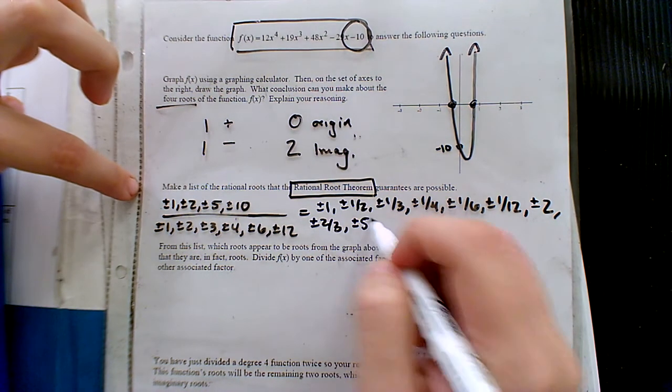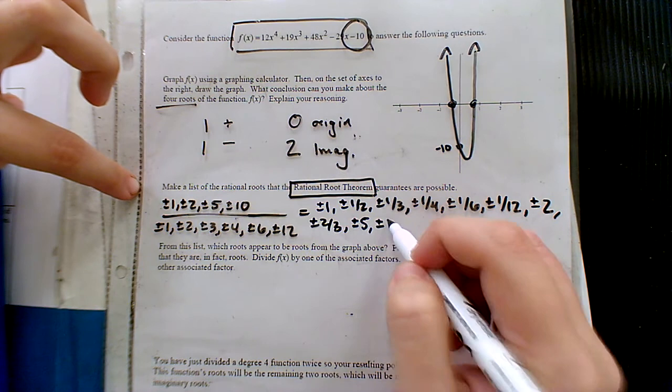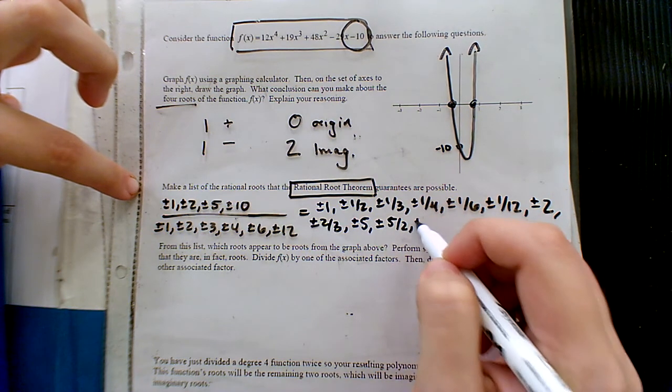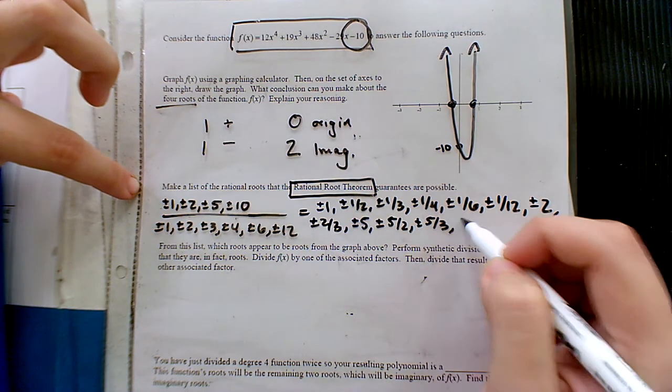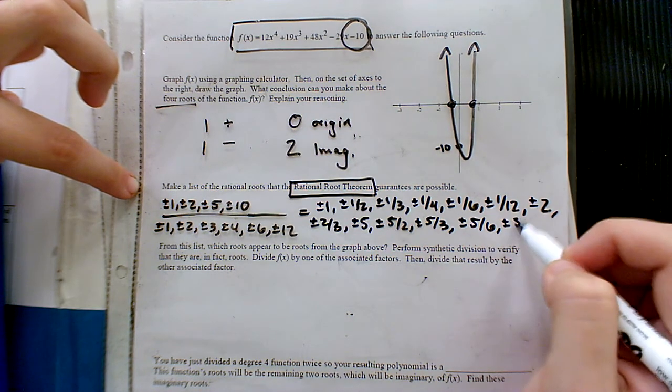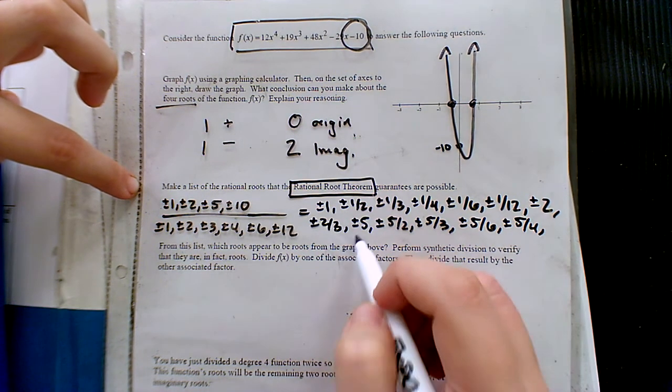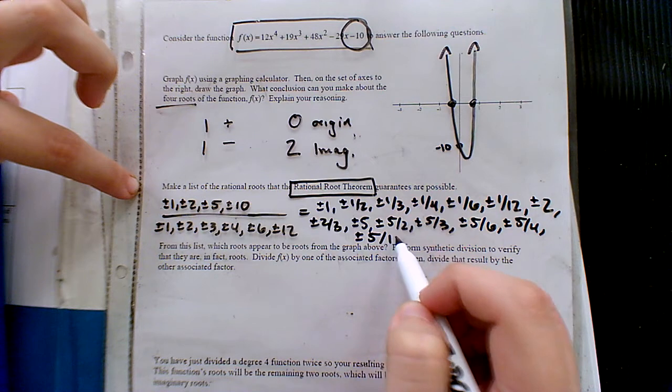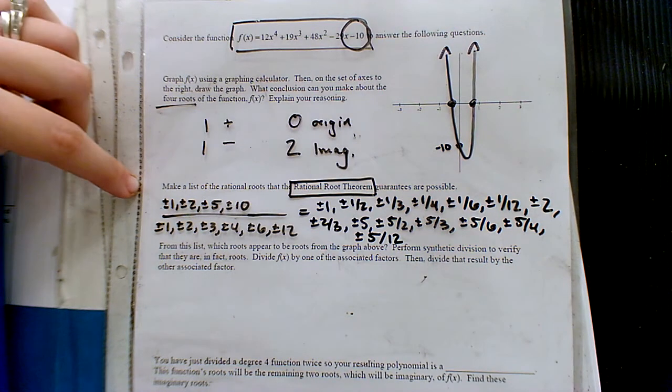Move on to 5. We'll have 5, 5 over 2, 5 over 3, 5 over 6, 5 over 4, I skipped by accident, and then 5 over 12.